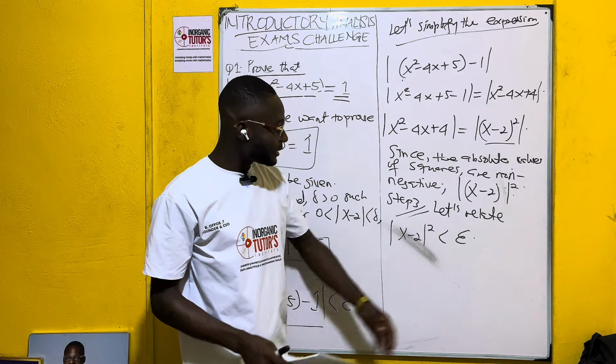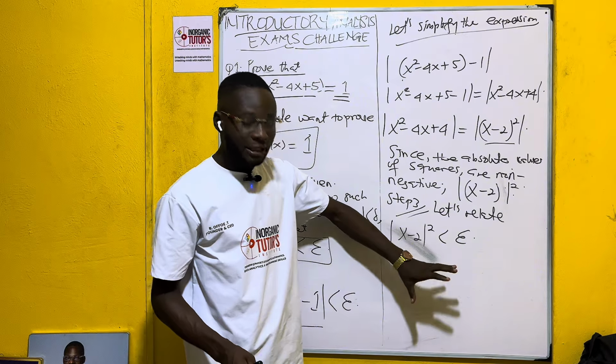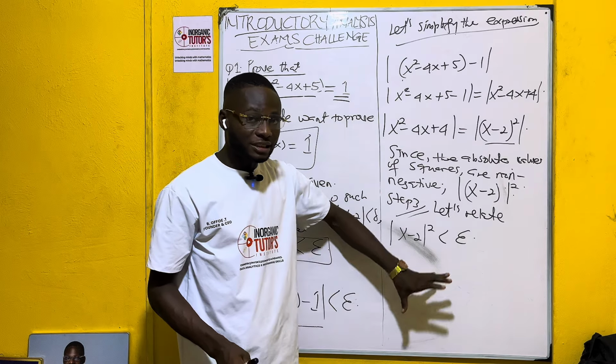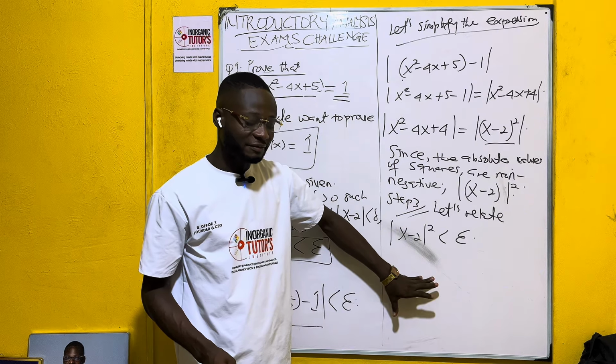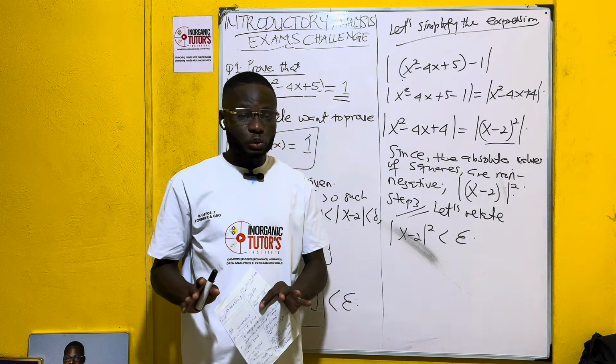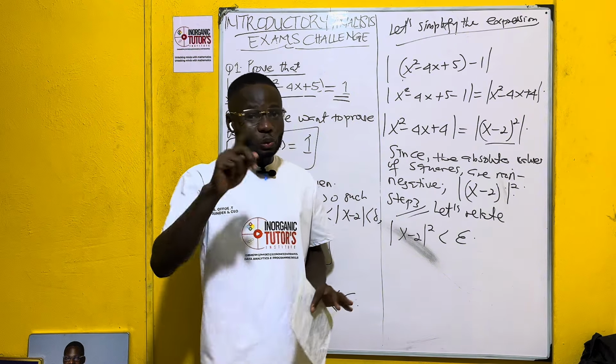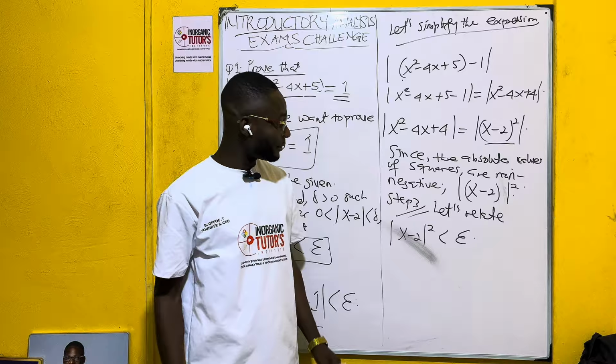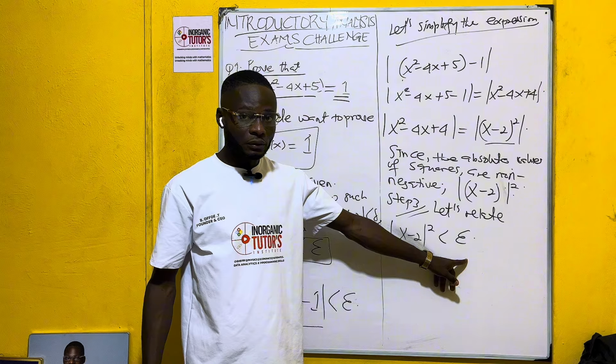And basically, this will be satisfied if the absolute value of x minus 2 is less than the square root of epsilon, right?